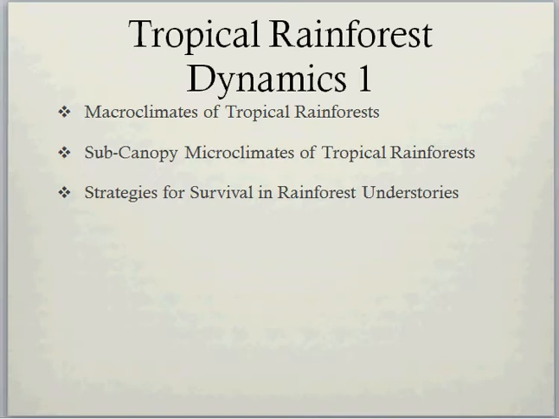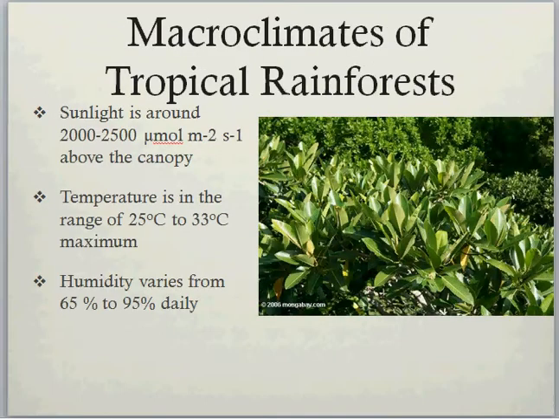But first, before I go into the sub-canopy, let's take a look at the macroclimates of tropical rainforests. In other words, what is the overall climate at the top of the canopy of a tropical rainforest? So what is it? What is the climate before it is modified by the trees of a tropical rainforest? First of all, sunlight.